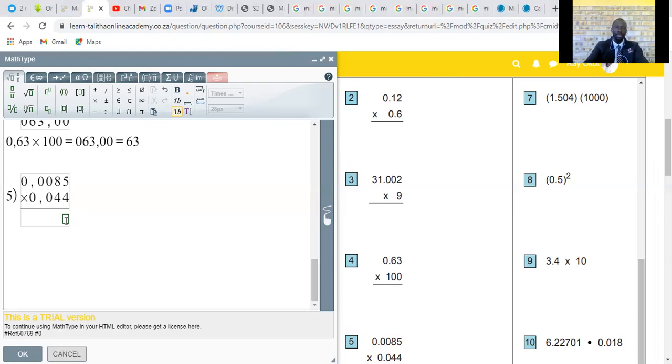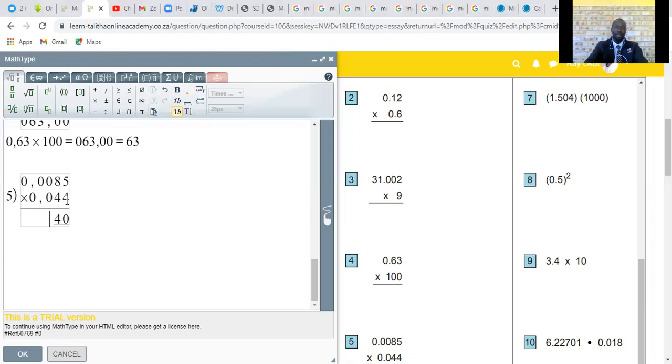Now, we have to multiply 4 by 5. When we multiply 4 by 5, what we get is 20. So we write 0, we carry 2. Then when we multiply 4 by 8, we get 32. 32 plus 2 is 34. So we write 4, we carry 3.